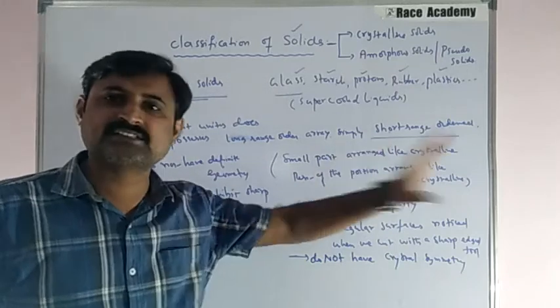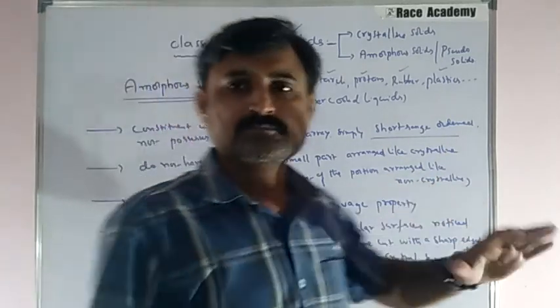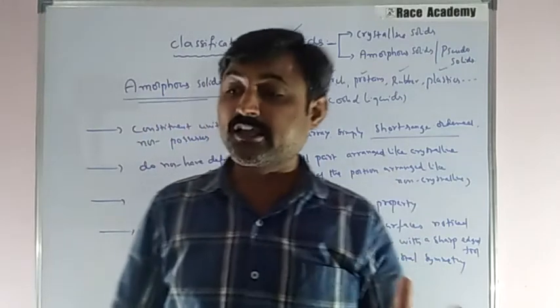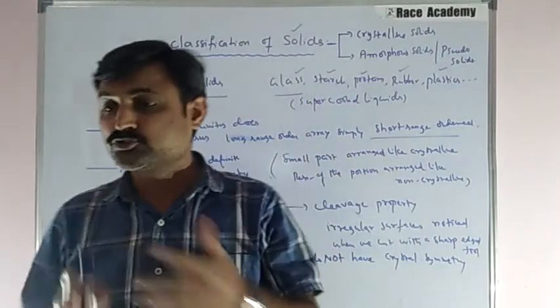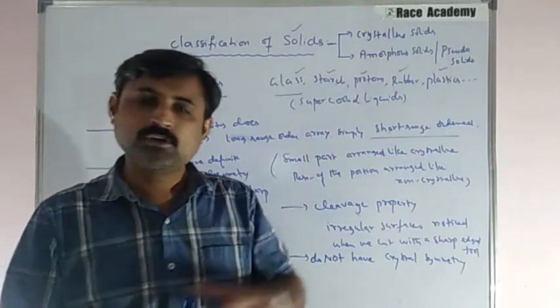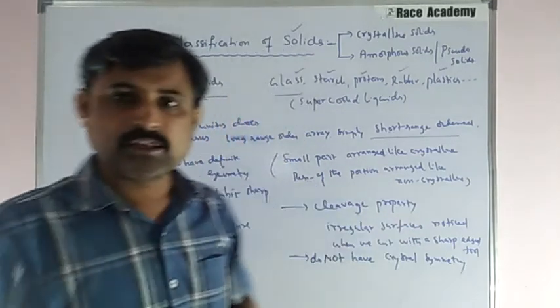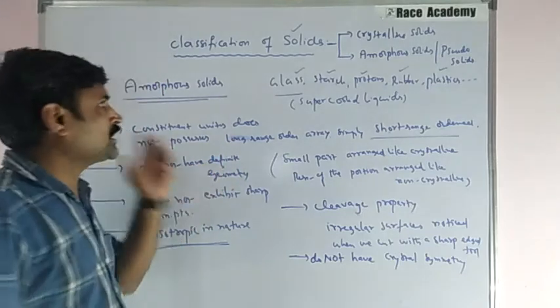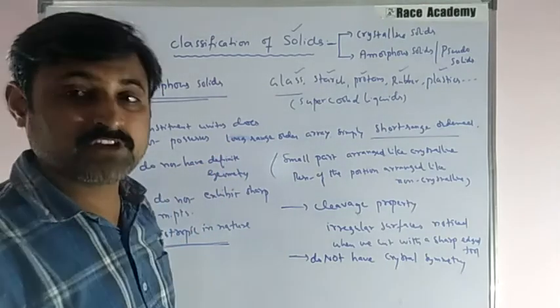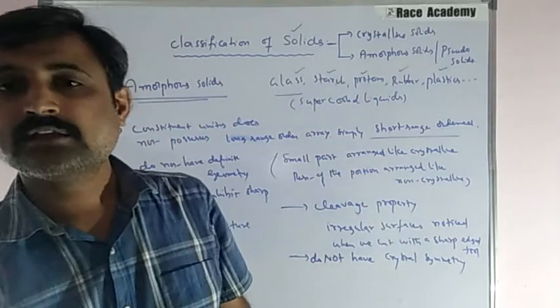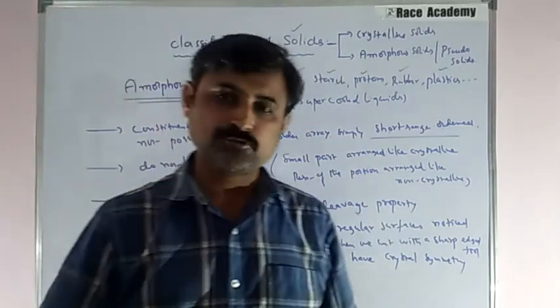These you can discuss in a question on the differences between crystalline and amorphous solids. Even though this is a theoretical aspect, it is a very important question from the examination point of view.